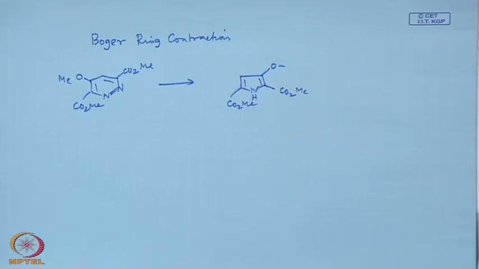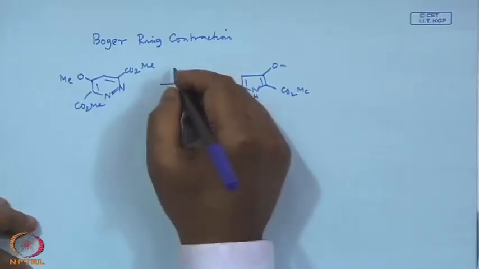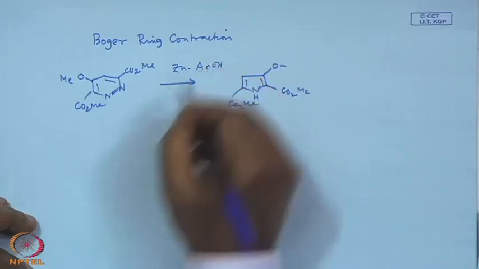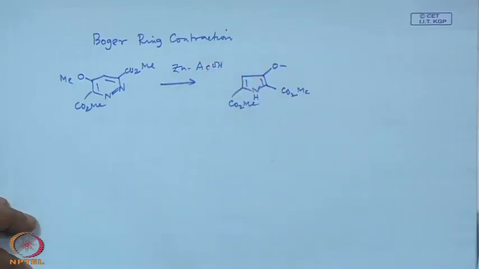See, one nitrogen is coming out. So, that means you have to choose a reagent, and one nitrogen means it has to be ammonia. So, if it has to be ammonia, then you have to supply hydrogen. So, how do you get the hydrogen? In this case, the reagent is almost always zinc, acetic acid, sorry, zinc acetic acid.